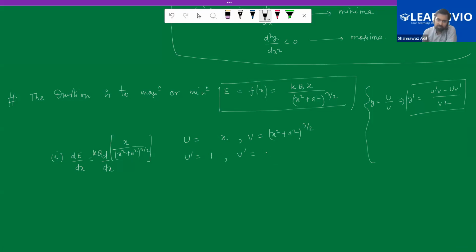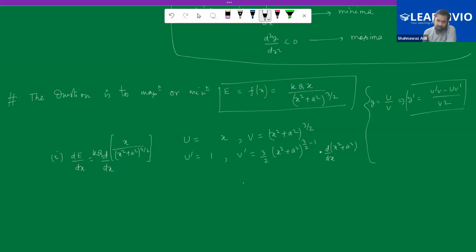First we apply the power rule, and then we do the differentiation of the inside function, right? The chain rule. So d by dx of x square plus a square. Right? This is the rule, right?